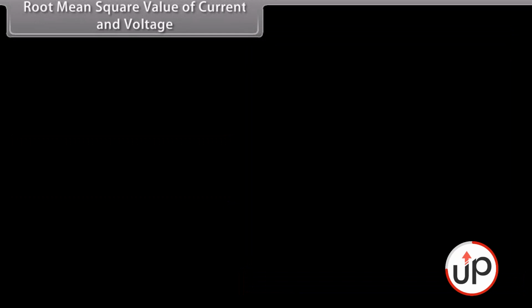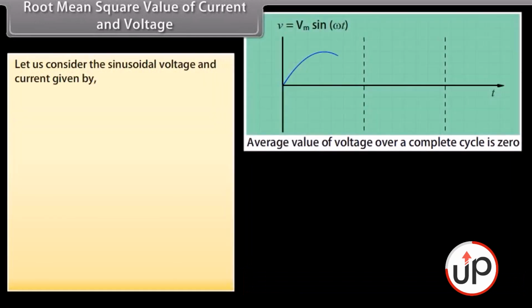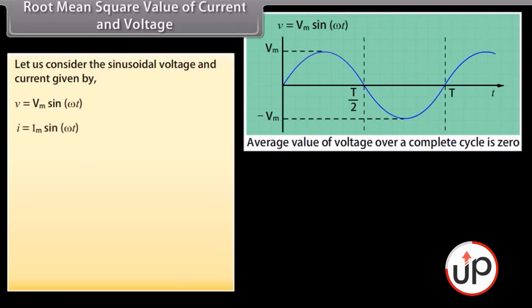Root mean square value of current and voltage. Let us consider the sinusoidal voltage and current given by V = Vm sin ωt and I = Im sin ωt.